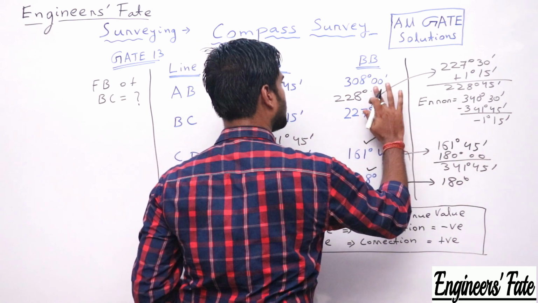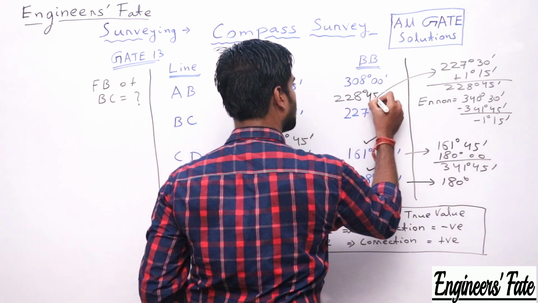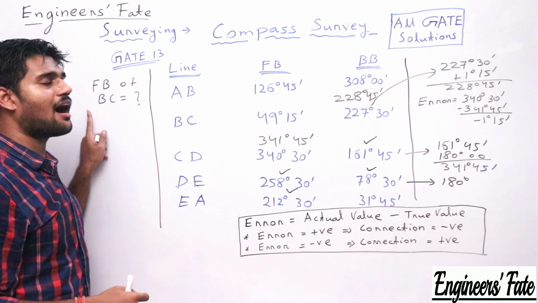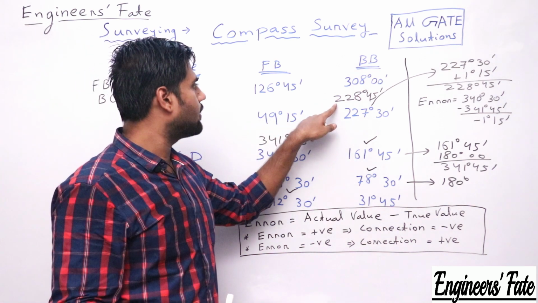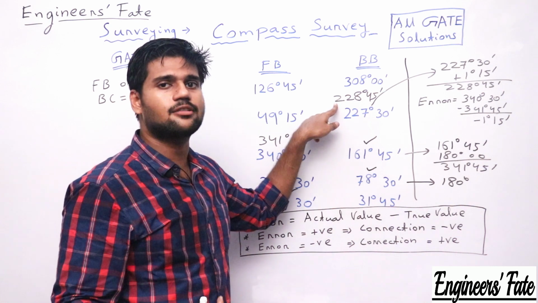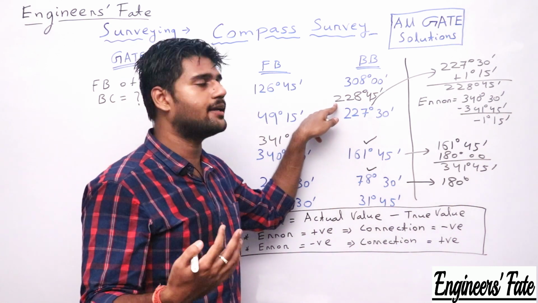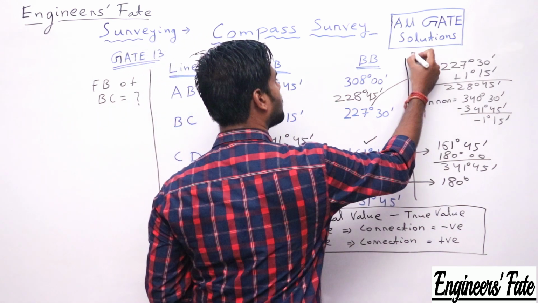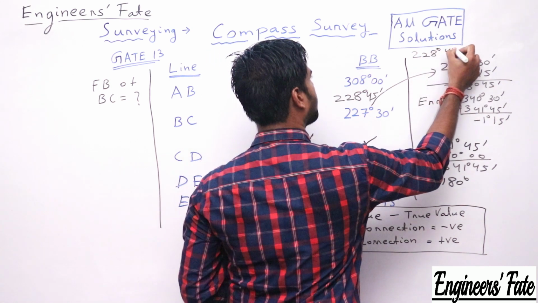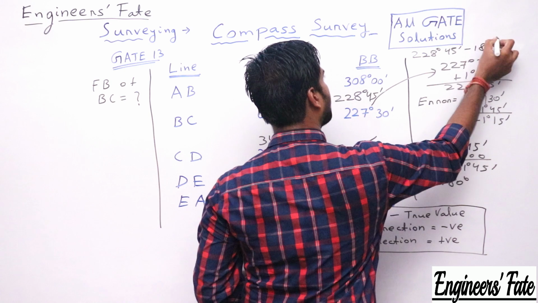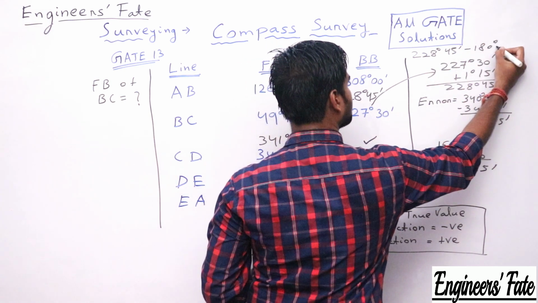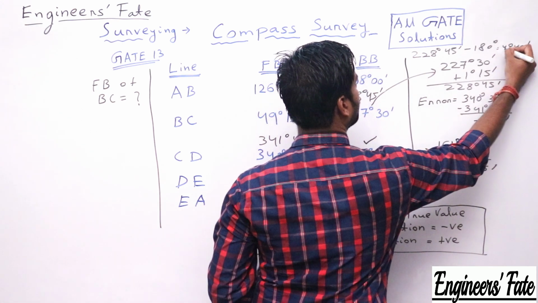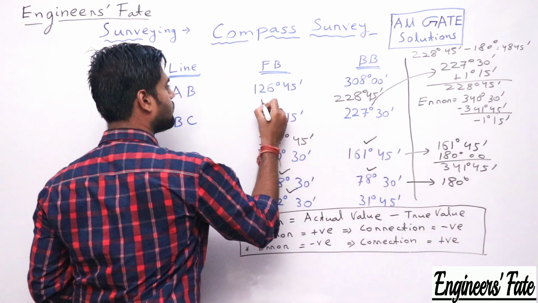Next, 228 degree 45 minute. Now in the question, the forward bearing of BC is asked. This bearing is greater than 180 degrees, so to get the next bearing I have to subtract 180 degrees from it. 228 degree 45 minute minus 180 degrees gives 48 degree 45 minute.